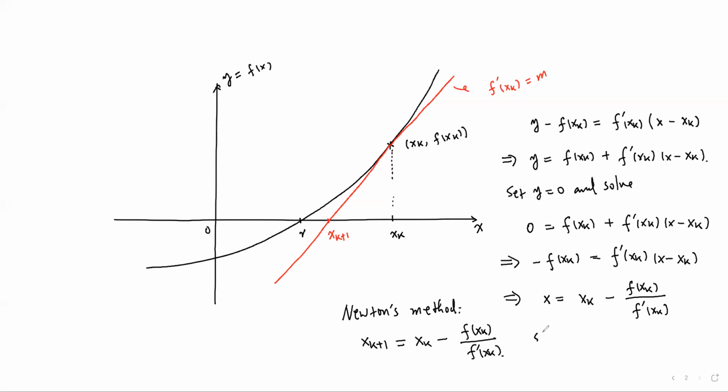Starting with some point x0, then step by step, we get a sequence of points. The sequence approaches the root alpha. This formula is Newton's method.